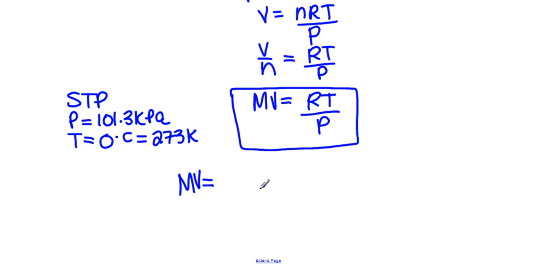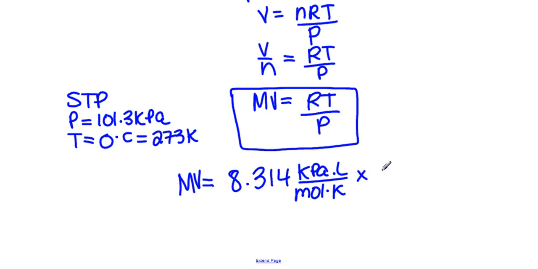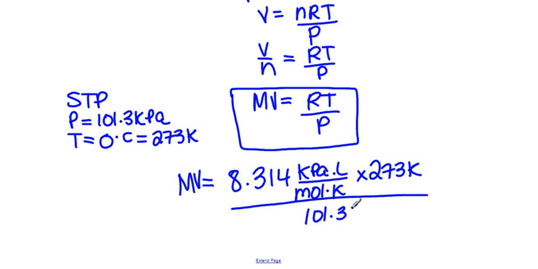So for molar volume, we're going to take our gas law constant, multiply it by the temperature, and divide it by the pressure. Let's take a look at our units.